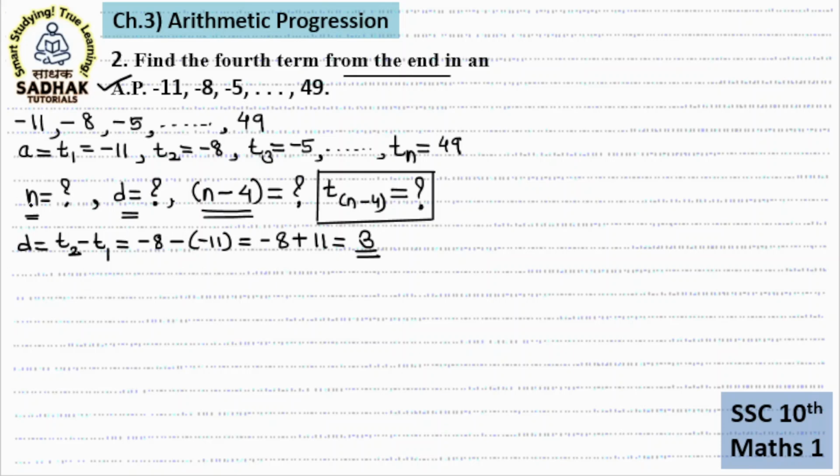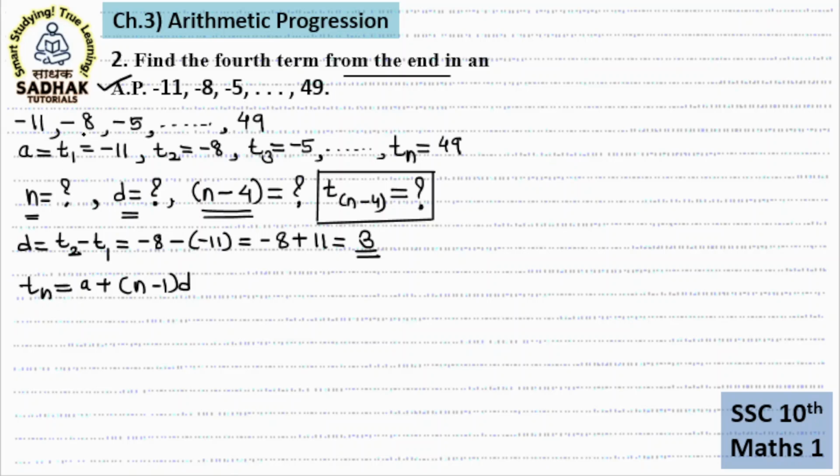Fine. Now for finding n, let us use the formula of Tn. Tn is equal to a plus n minus 1 d.